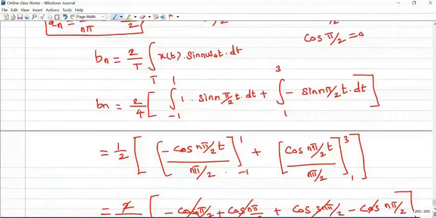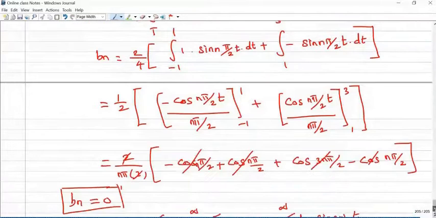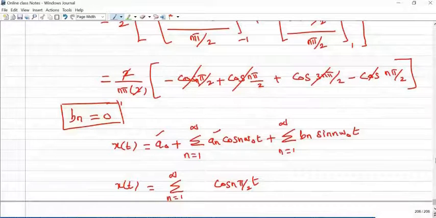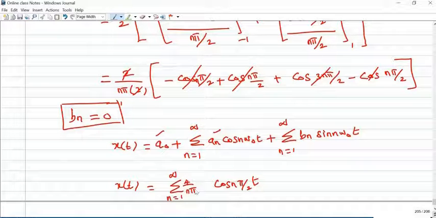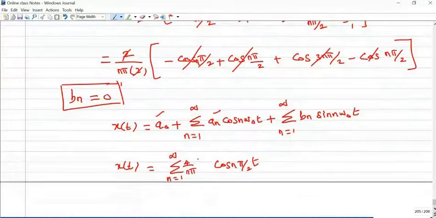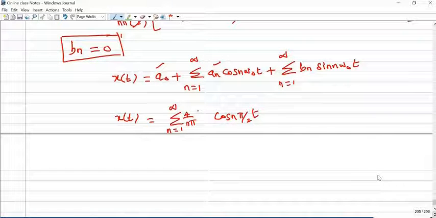What is the An value? 4 divided by n pi sin n pi by 2. So complete your expressions.